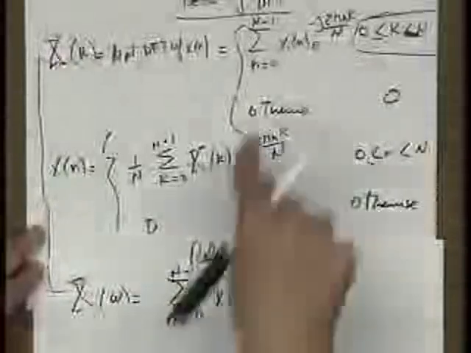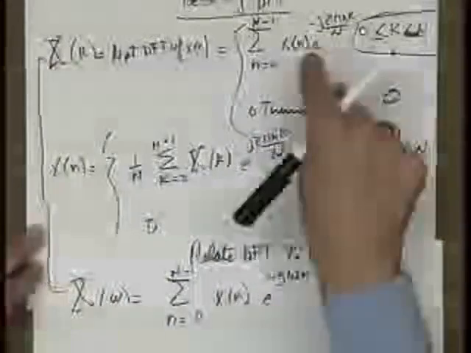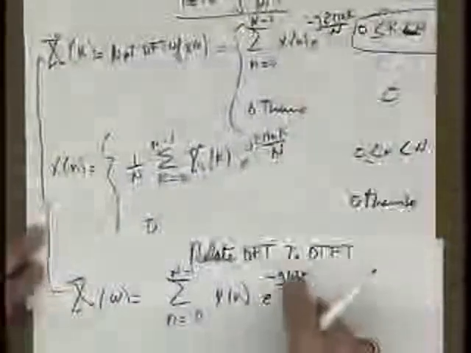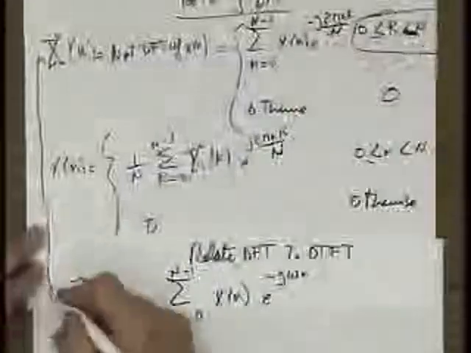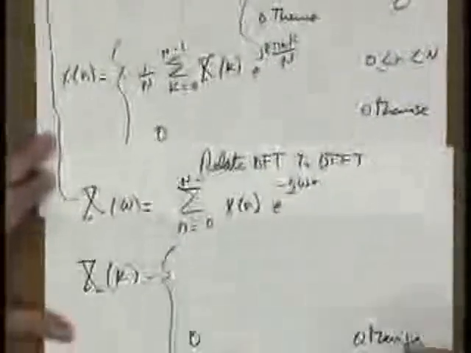That's right. They both have summation n equals 0 to N minus 1. They both have x of n. They both have e to the minus j n. But the only thing is omega is replaced with 2 pi k over N. So then X of k is equal to, well, it's 0 otherwise, let's not forget that.